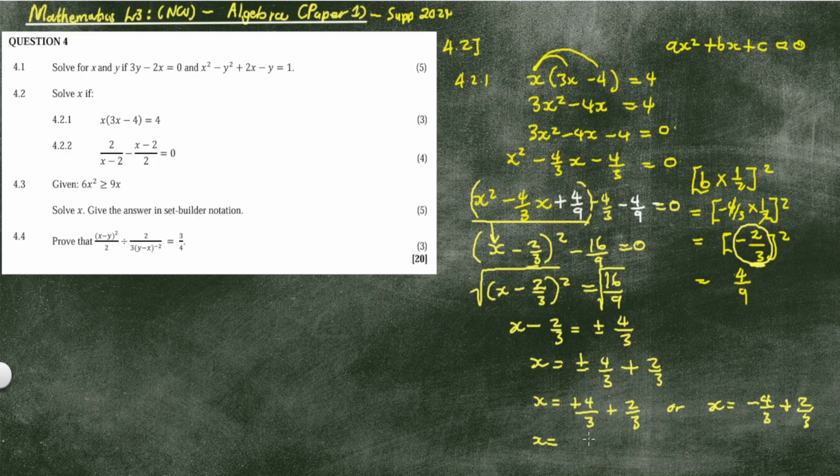So the first x is going to be 6/3, so the answer should be 2. Yes, it should be 2.